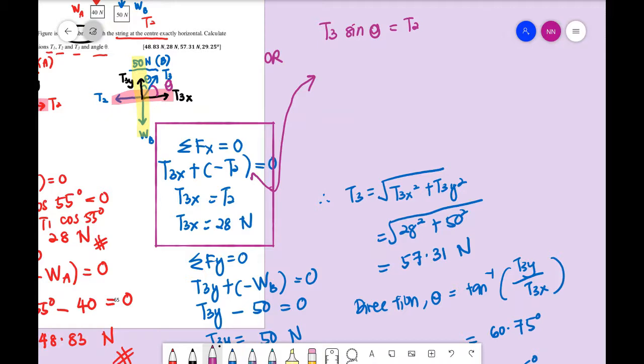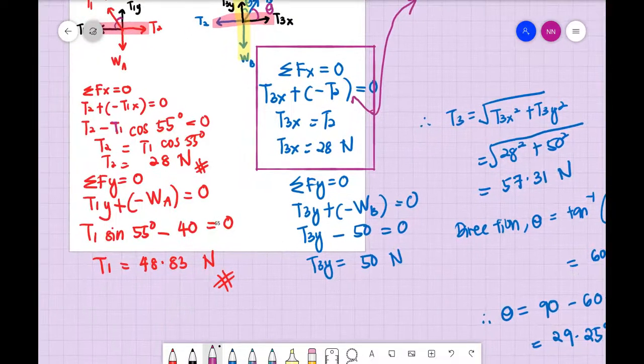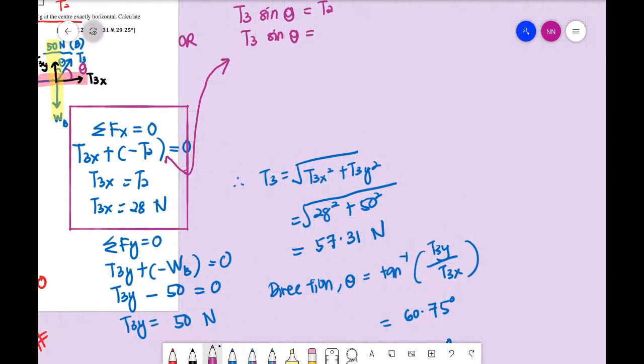Theta is unknown, T3 is also unknown, while T2 we have already calculated. It is 28 Newton.